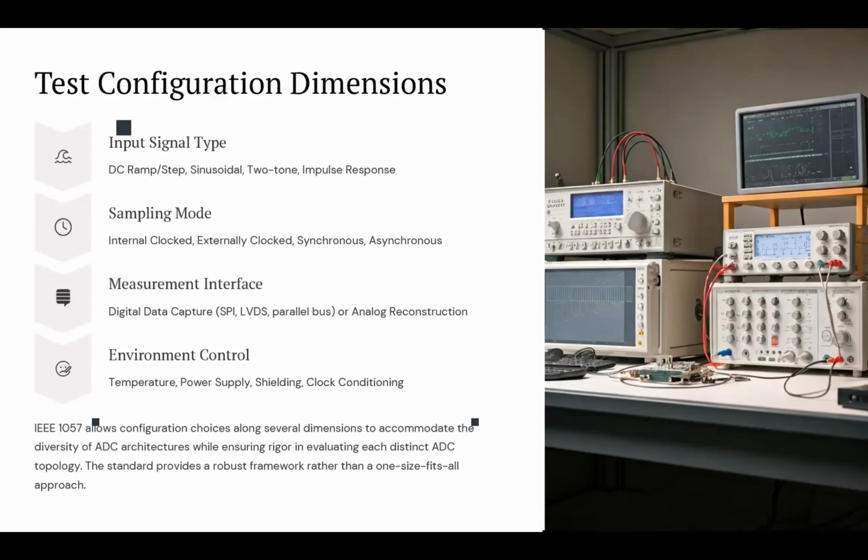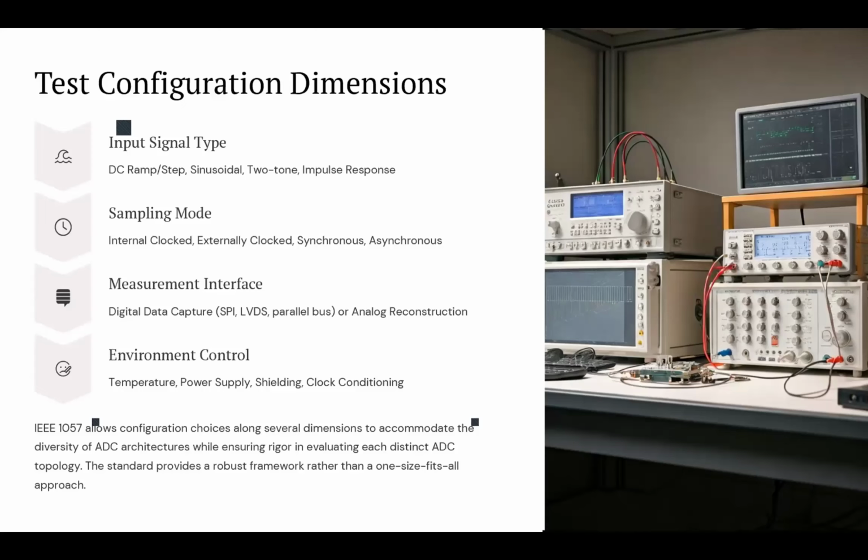The first dimension is the type of signal. We have to distinguish what kind of signal we're using as an input. Is it a DC ramp? Is it a DC step? Is it sinusoidal, a two-tone, or an impulse response? What kind of input signal are we introducing to the ADC to test it?